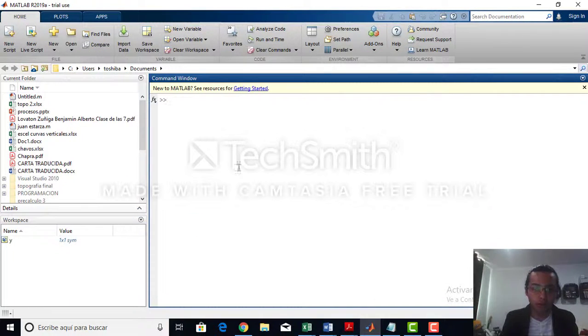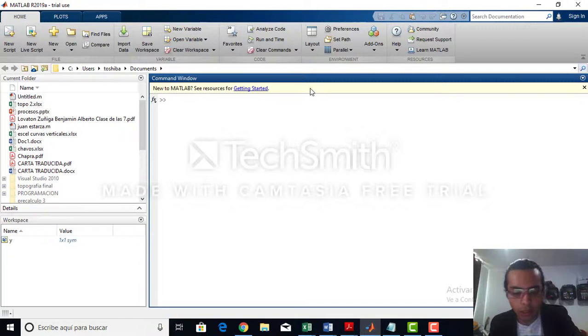And now we're going to move here to MATLAB. And we have here this programming code. It's pretty simple actually. We have to put a function y equals. We're going to use this function that is called dsolve. We're going to open our parentheses.